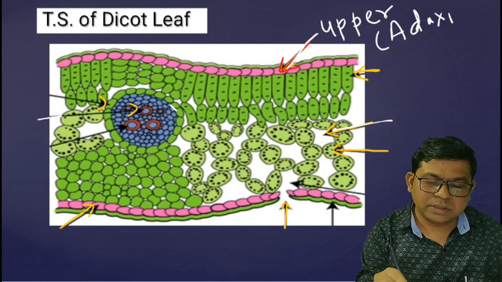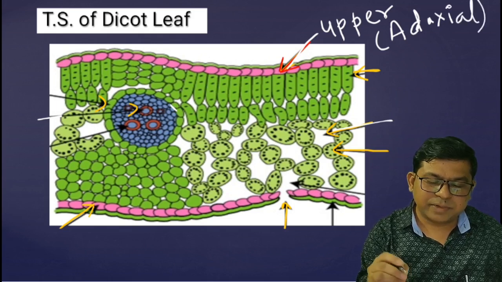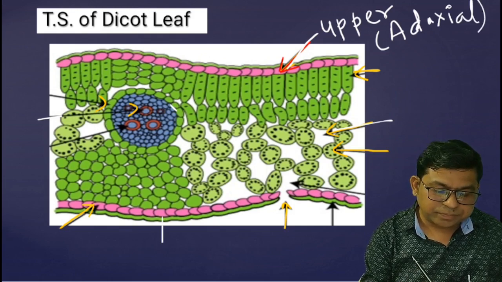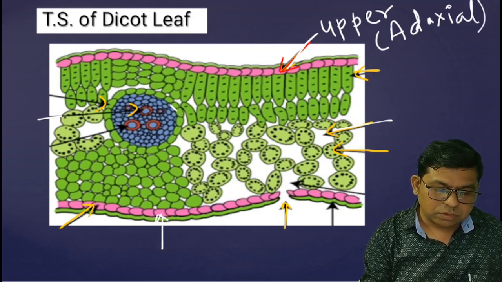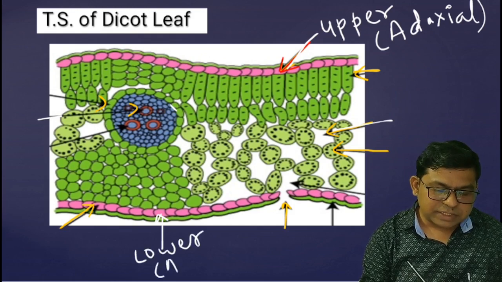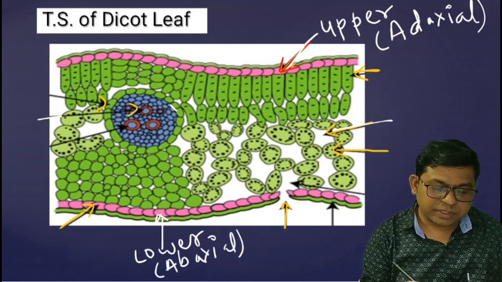This one is the adaxial epidermis and this one is the lower epidermis. Lower epidermis is also called the abaxial epidermis.